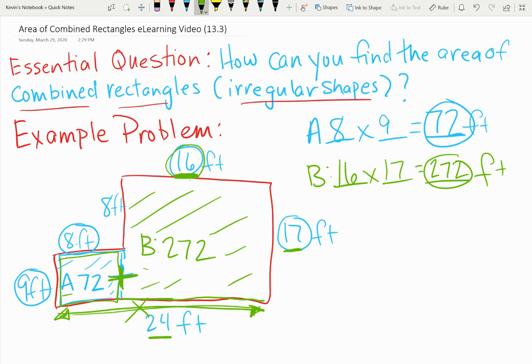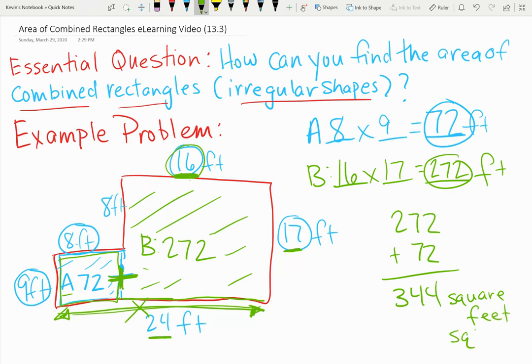So remember, I put this plus sign in here. You want to add 272 plus 72 to get your final surface area of 344 square feet. Or you can write it square or square feet.